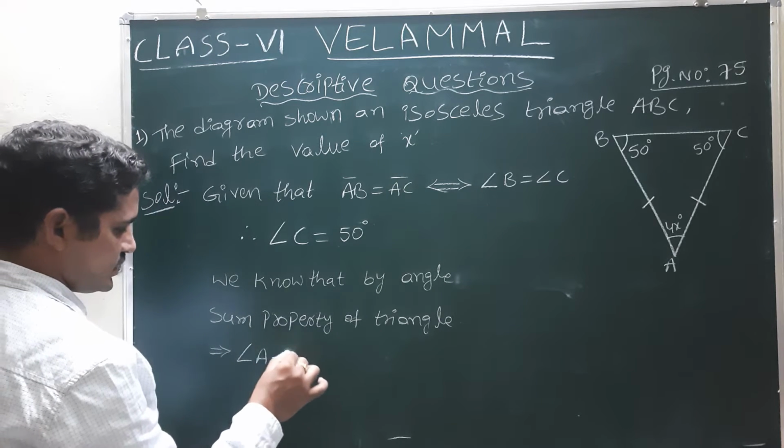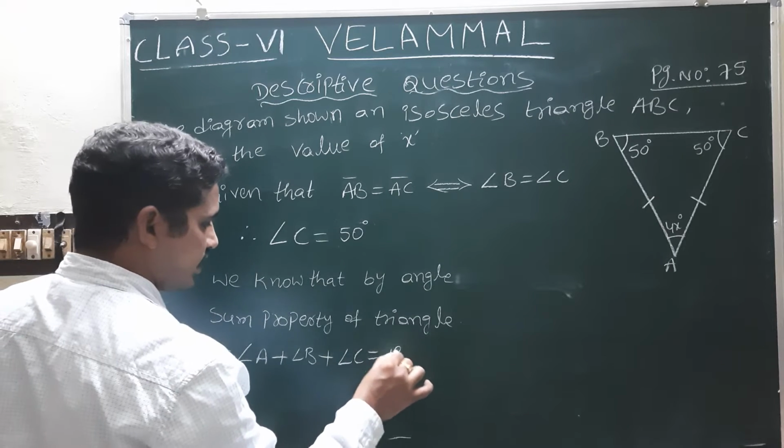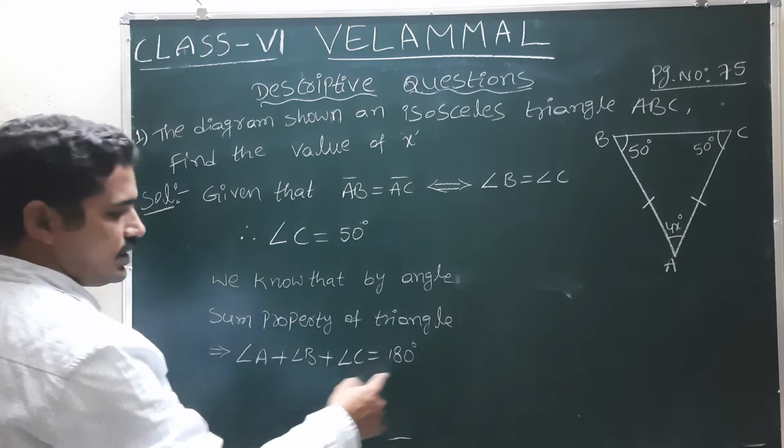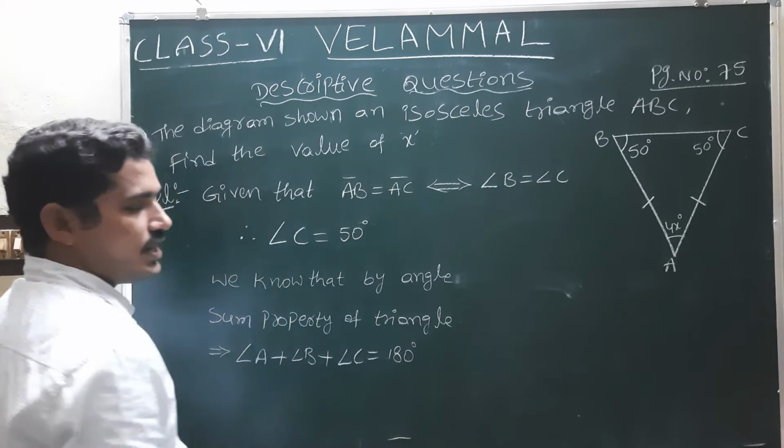Angle A plus angle B plus angle C is equal to 180 degrees. Is it clear? The sum of all angles of a triangle is equal to 180 degrees.